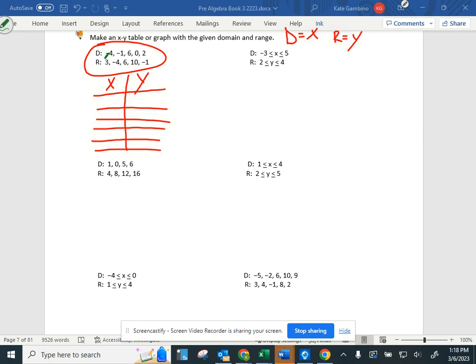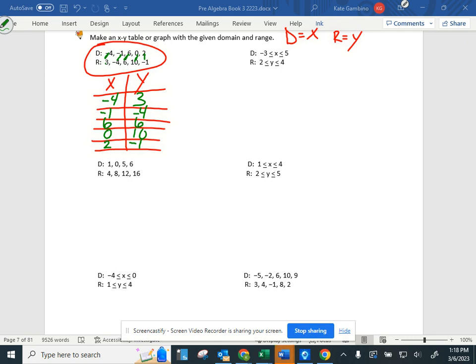They match up. So we would have -4 first, so my y would have to be 3. Then I have -1 to -4, and then my third for each is 6 and 6. And I have 0 and 10, 2, and -1.